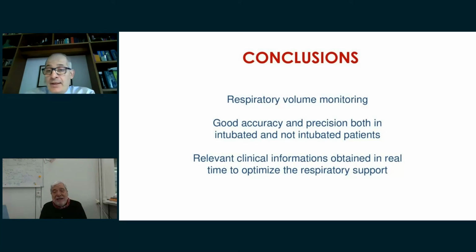Once again, I think we may speak realistically about this kind of thing only if we measure it. If we measure inspiratory effort without an esophageal balloon, without knowing how much the tidal volume is... tidal volume is the outcome.